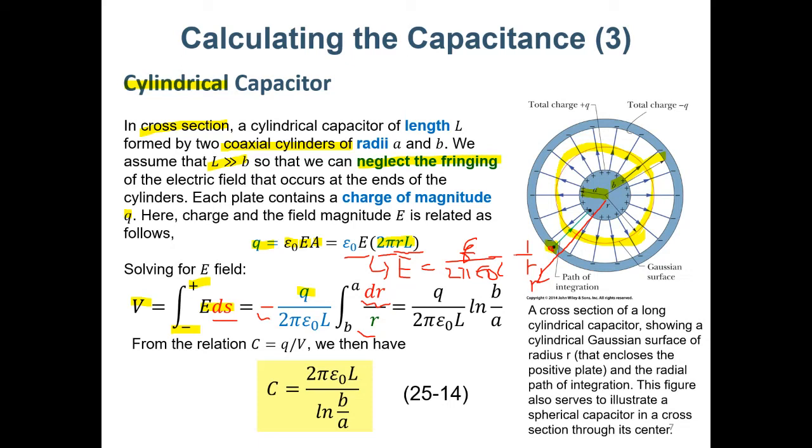So ln b minus ln a is nothing but ln b over a. I suppose you have learned it in high school. So it's nothing special.